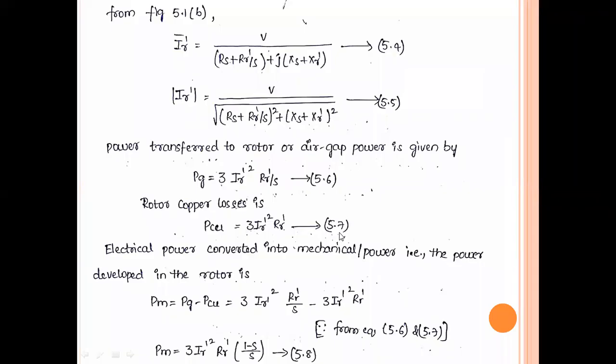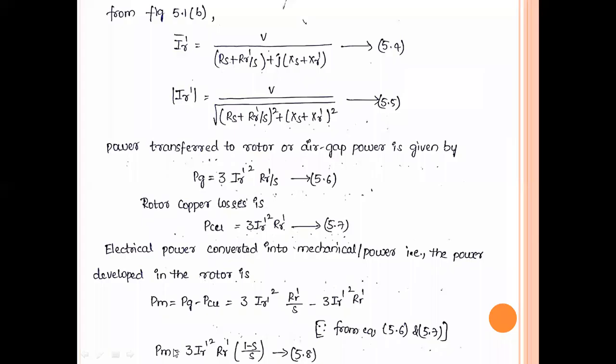The total net power produced across the output terminals of the motor, or simply the power developed in the rotor, is the stator power transferred to the rotor minus the losses. So PG, equation 5.6, minus the copper losses, 5.7. Substitute here, and we will get the developed power across the rotor terminals.